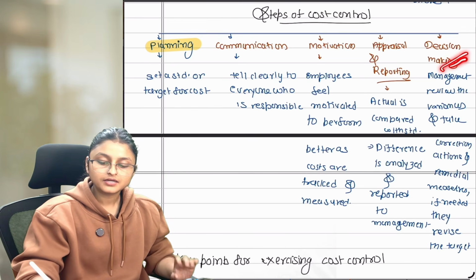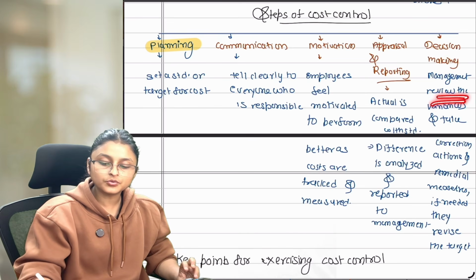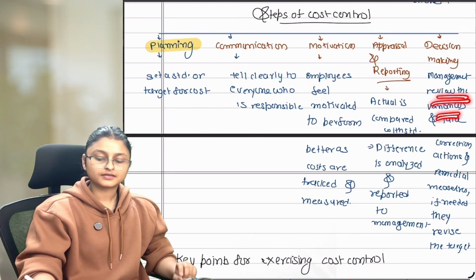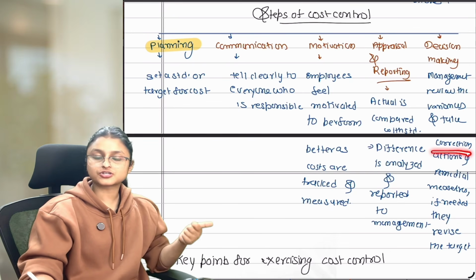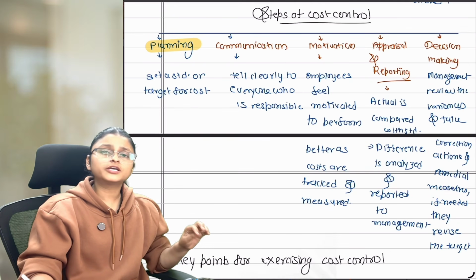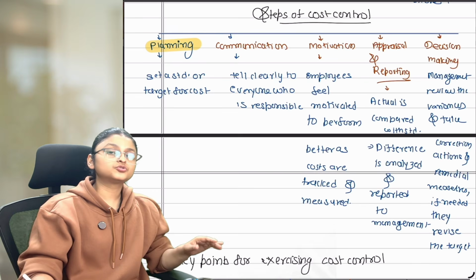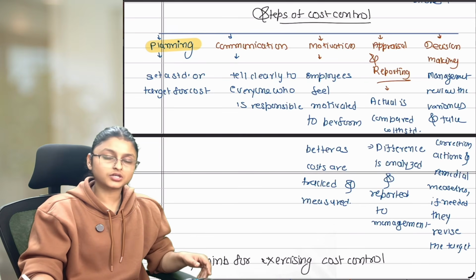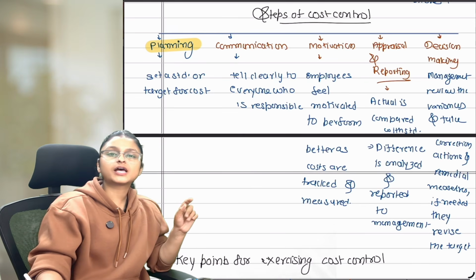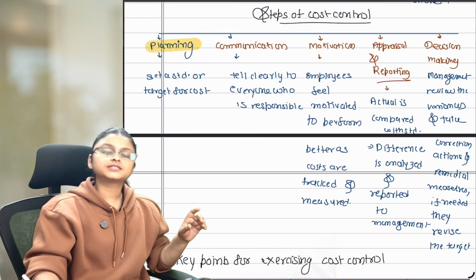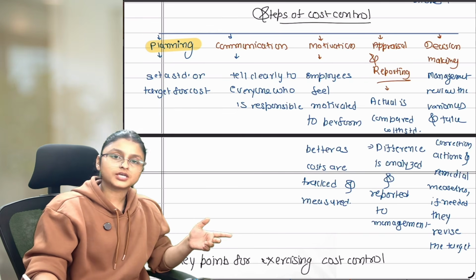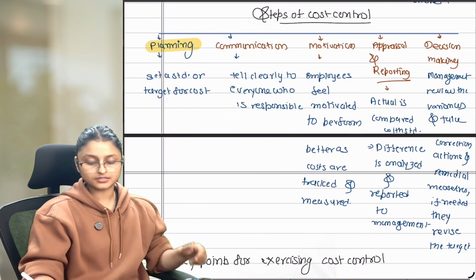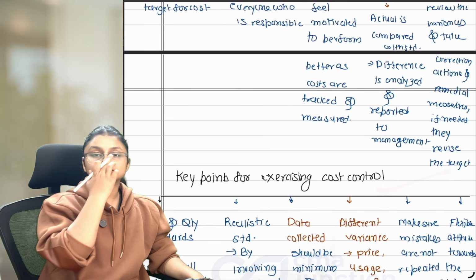Then management takes decision by reviewing those variances. These decisions can be corrective actions, remedial measures, or if management thinks that there is no issue with the actual, standard is the one which has not been set properly, then standard can also be changed or corrected. Done.